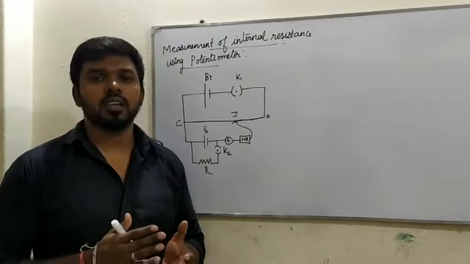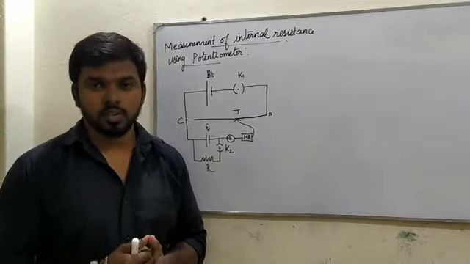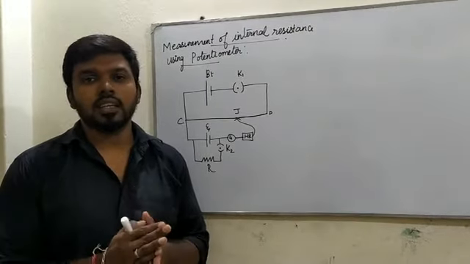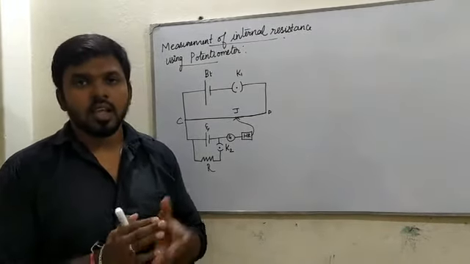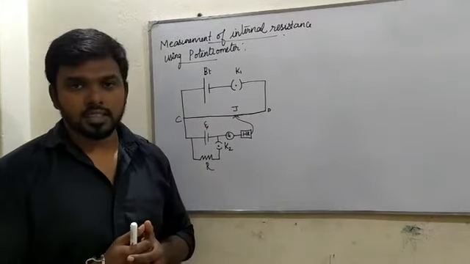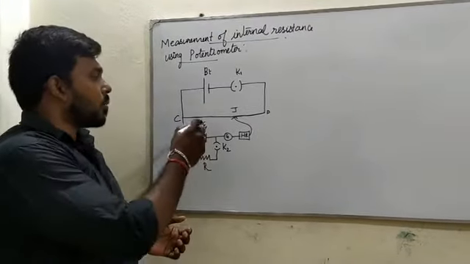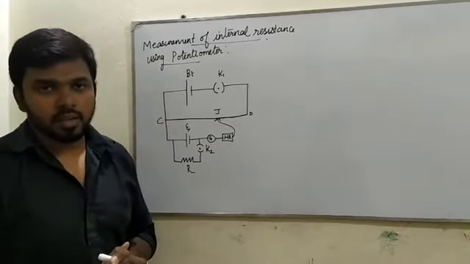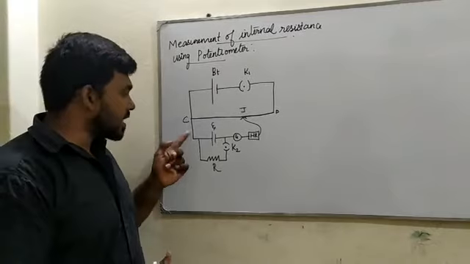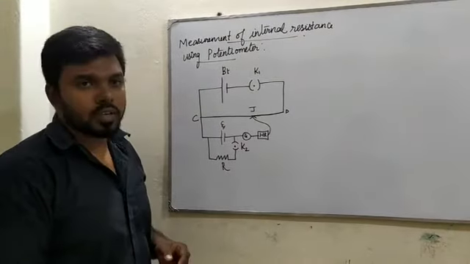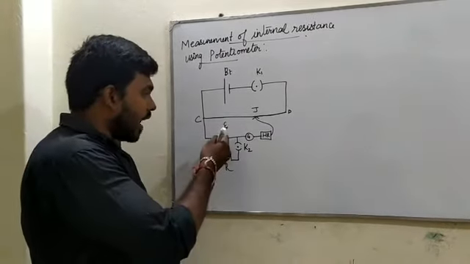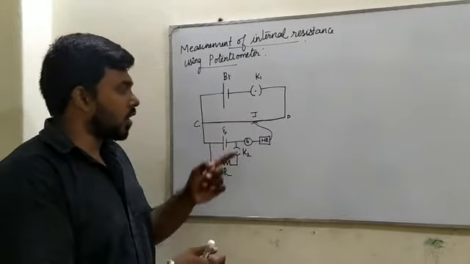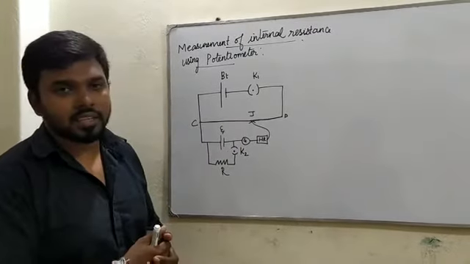Measurement of internal resistance of a cell using potentiometer. In order to measure the internal resistance of a cell, the following circuit connections are made. We know the potentiometer, battery and key K1 form the primary circuit. The cell is connected with its positive terminal to the primary cell's end and the negative terminal is connected to the jockey through the galvanometer and high resistance.